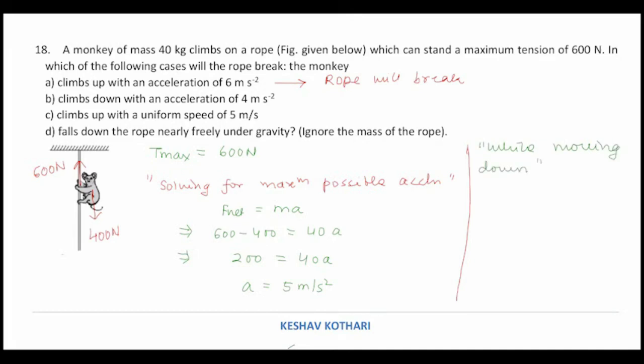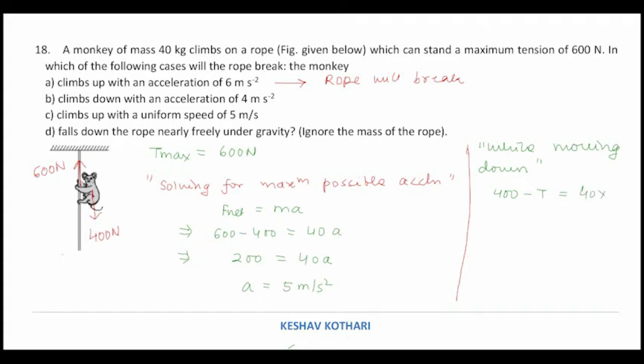So if we write the expression while the monkey is moving in the downward direction, the weight in the downward direction is equal to 400, the tension is in the upward direction, and the net force is equal to ma. The acceleration is 4, so we can write it as 40 into 4.